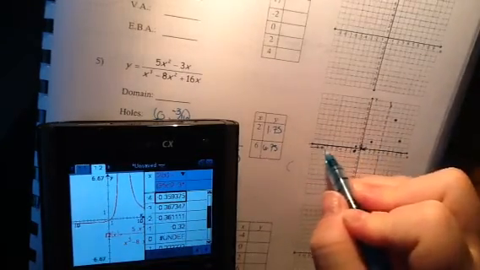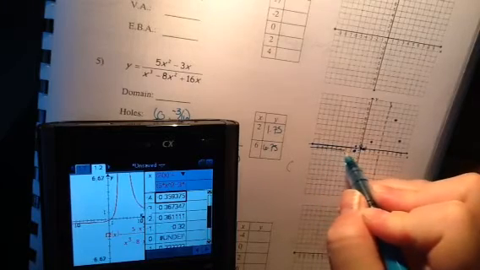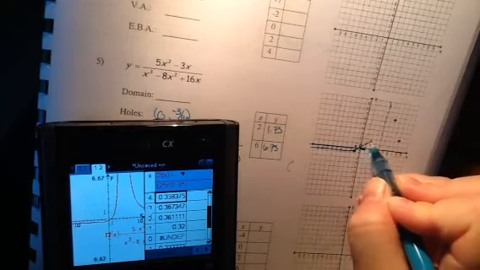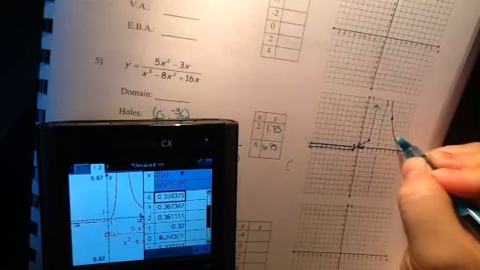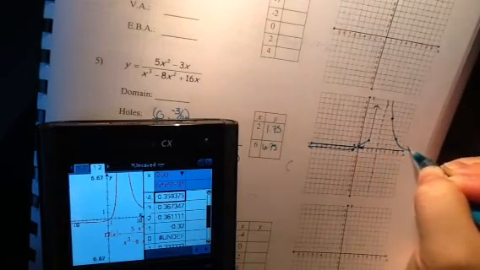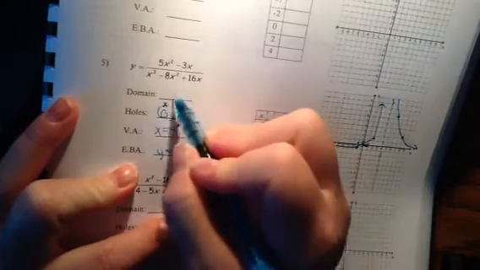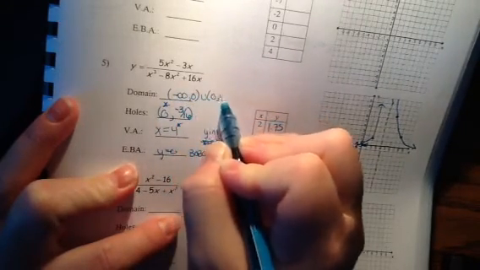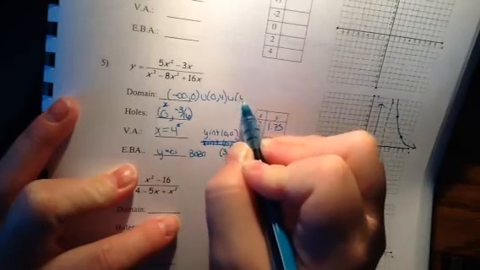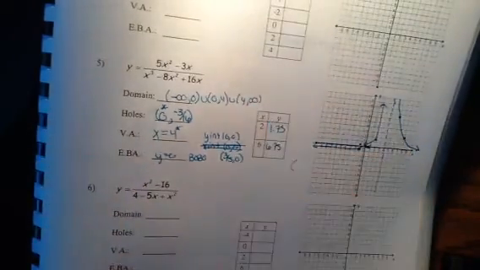So now you can see that this side does that, and this side does this. And so if I want to write my domain, I can't be 0 and I can't be 4. So negative infinity to 0, 0 to 4, and 4 to infinity.